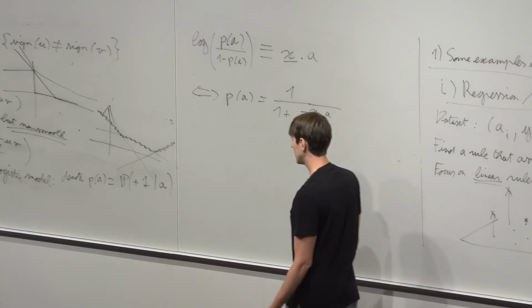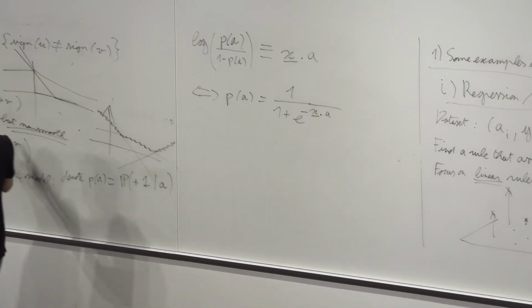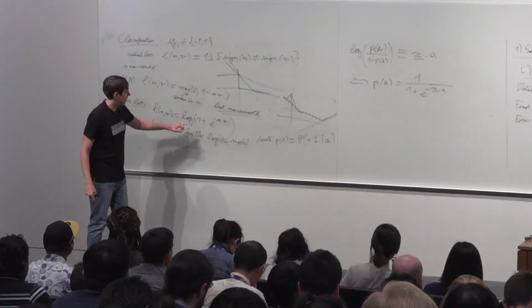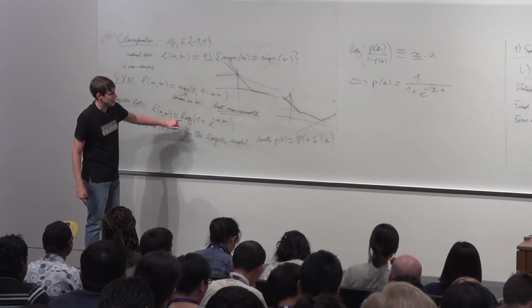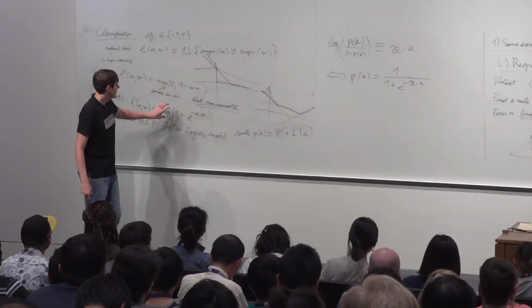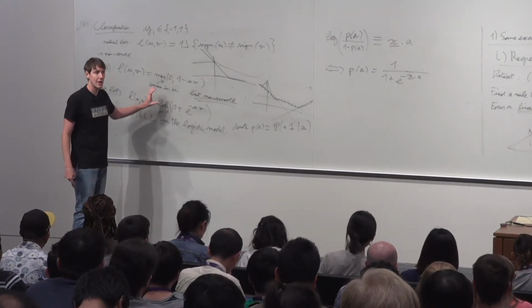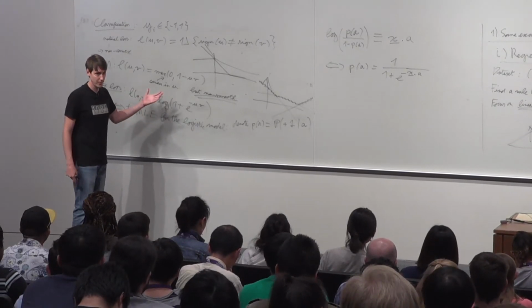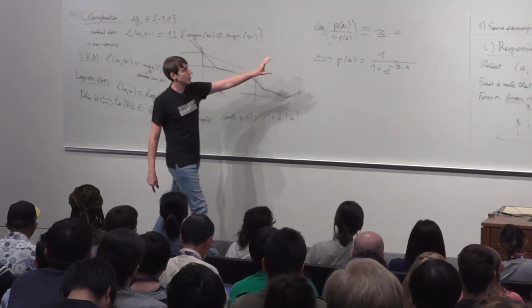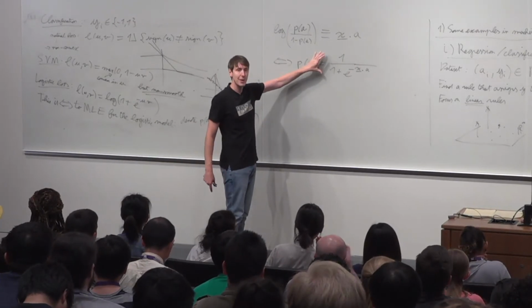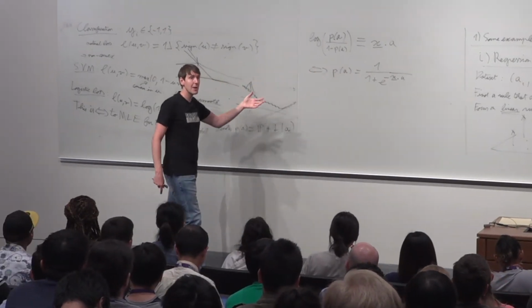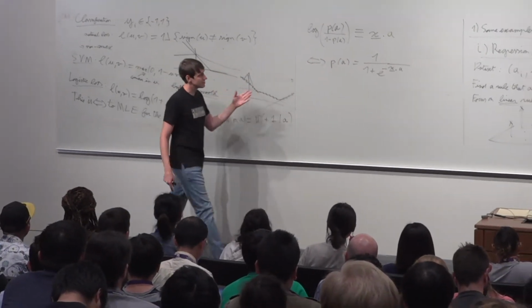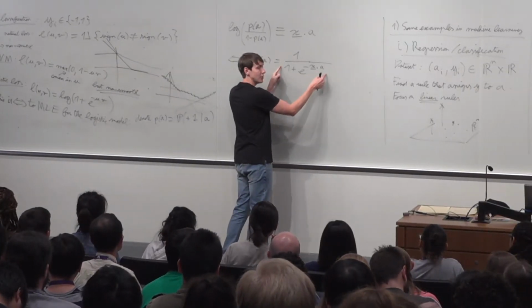So you get exactly this loss function. Sorry, there is something I didn't say. The function itself is not the likelihood, but the log likelihood. If I take the log of this, I want to maximize the log of this, so I want to minimize minus the log of this. Minus the log of this is exactly the log of the denominator.